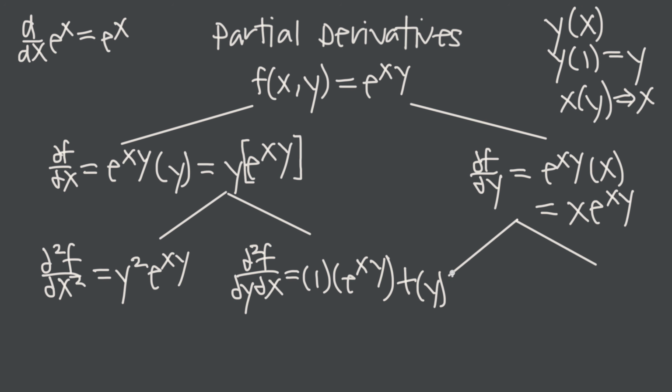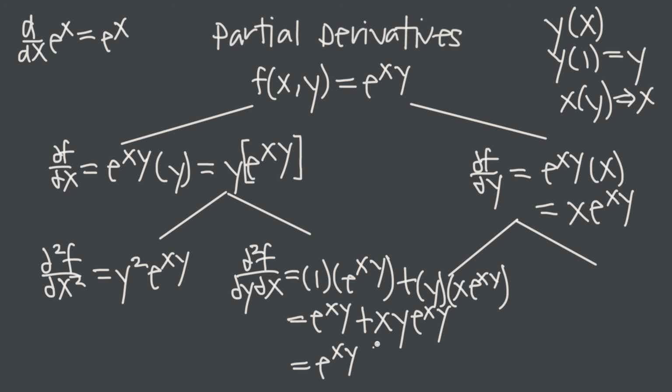So we can multiply this by xe to the xy. And when we simplify this here, we end up with e to the xy plus xy e to the xy. We could leave our answer this way, or if we wanted to, we could factor out an e to the xy, and we would get e to the xy times 1 plus xy.